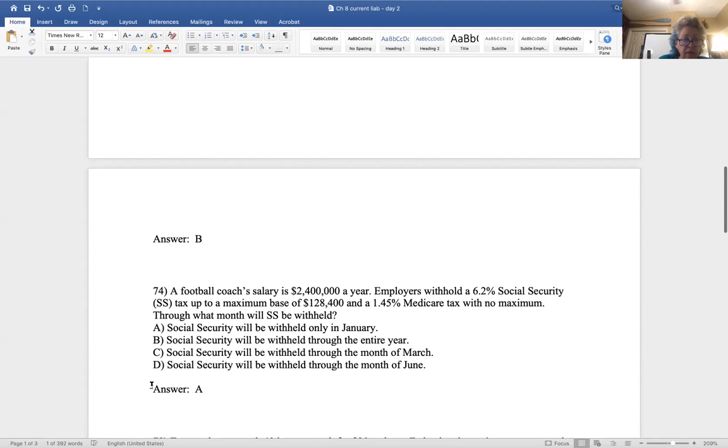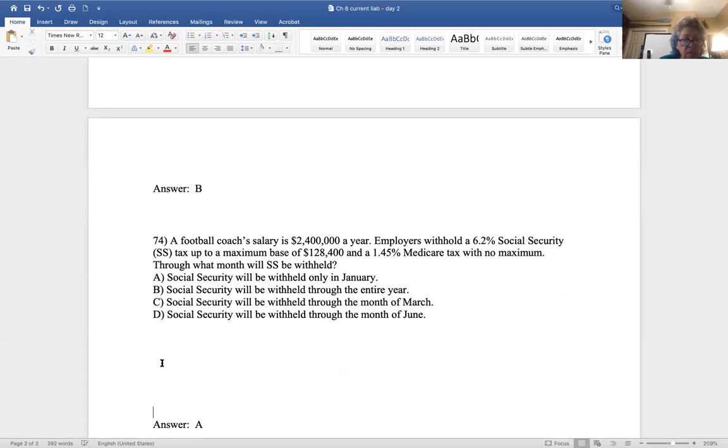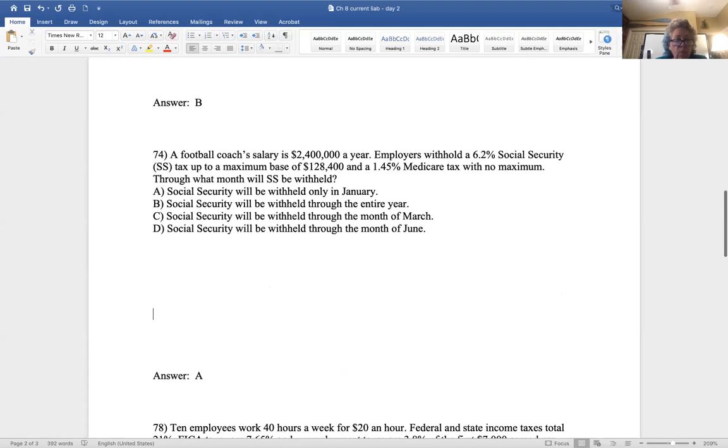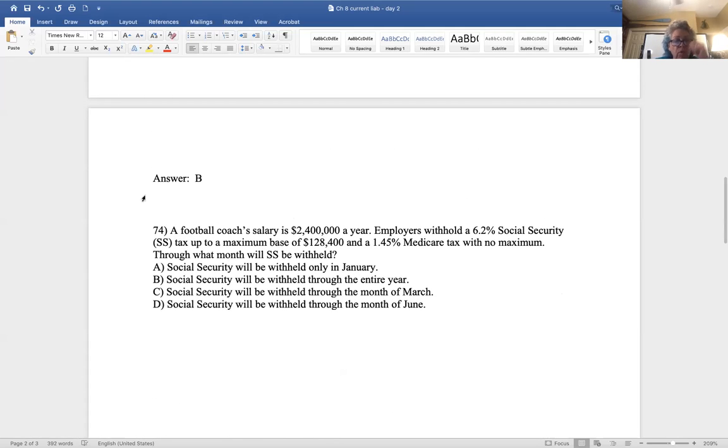Here you see the answer, but here is one where I wanted you to see a question with respect to Social Security tax and Medicare tax, and unemployment tax too. There is a maximum: once your salary gets up to a certain amount, you don't have to pay the tax anymore.